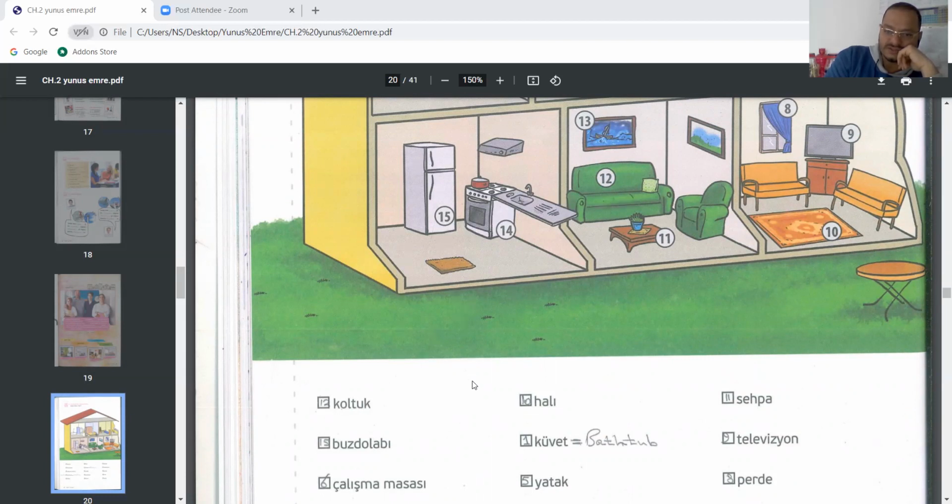Buzdolabı, fridge. Halı, the carpet. Televizyon. Perde. Here, it's perde in Turkish language.